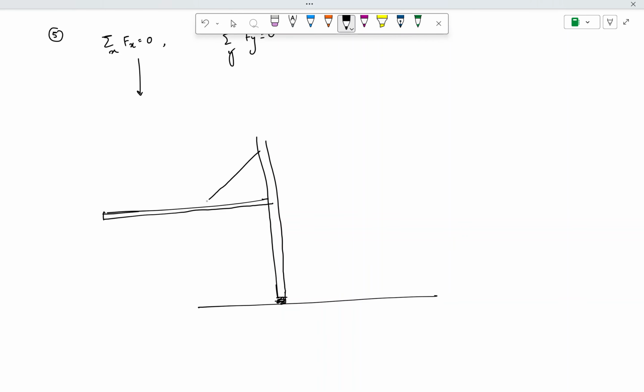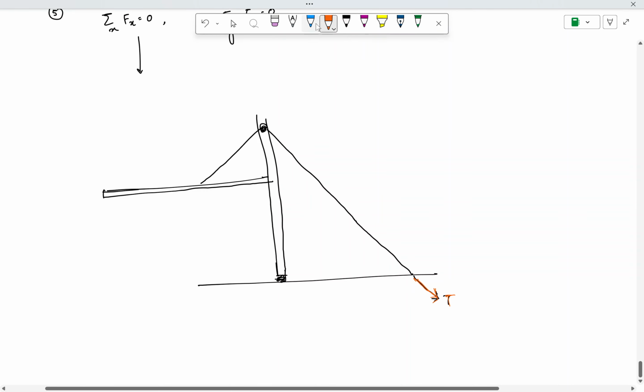And this was your rope or pulley that has this rope tied on. This rope is down like this. This is your tension in the rope T. And this is the contact force acting here, which is Fy in this direction.